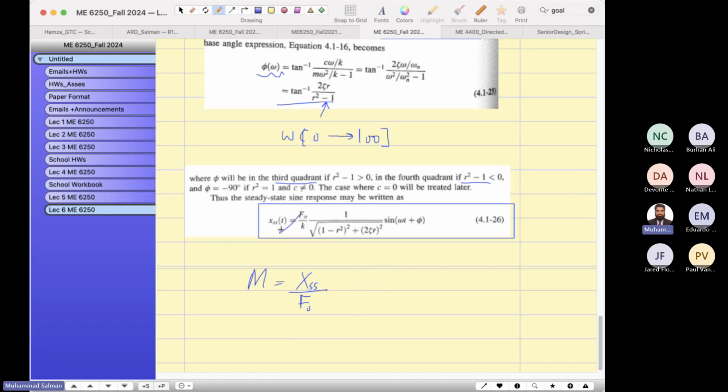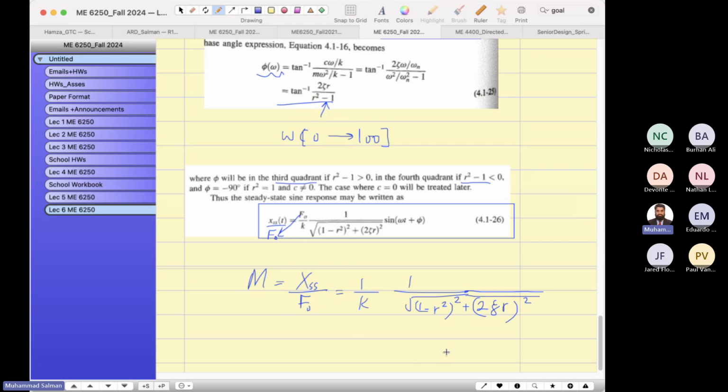If you bring this down, you're left with 1 over k, and then the square root of 1 minus r squared, whole squared, plus 2 zeta r, whole squared. This is the amplitude.